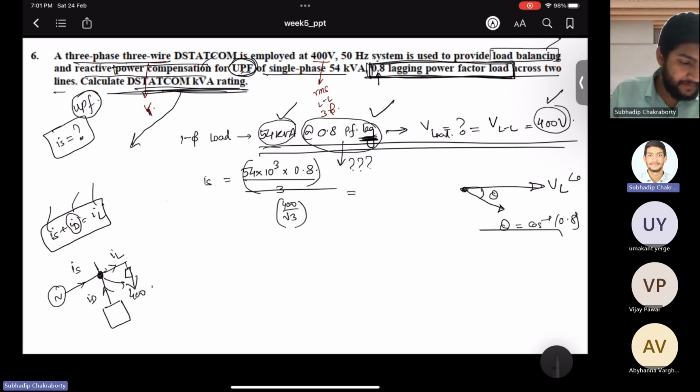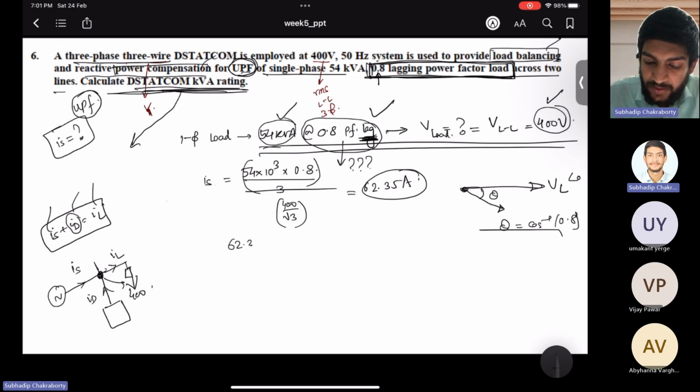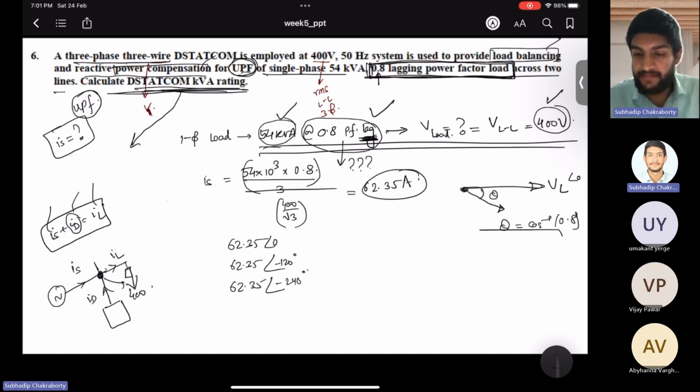Correct. These are the supply currents, right? 62.35 angle 0, 62.35 angle minus 120 degrees, and 62.35 angle minus 240 degrees.